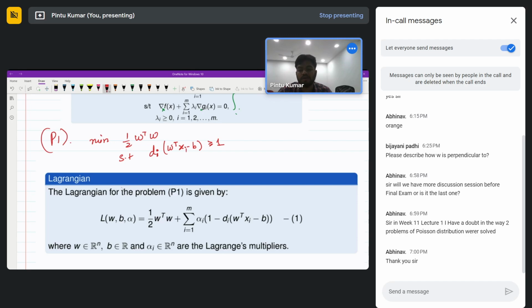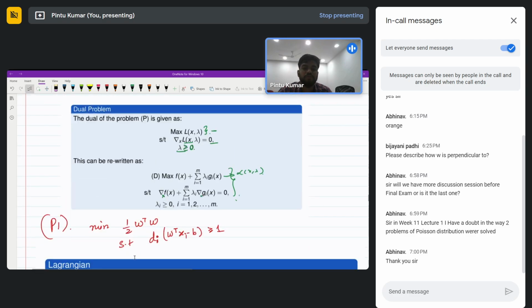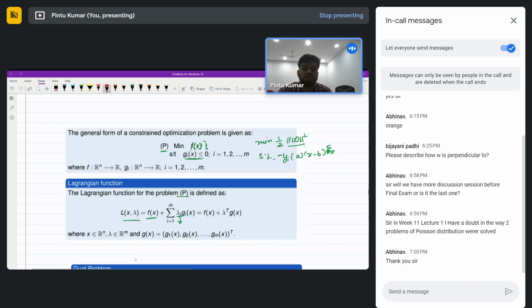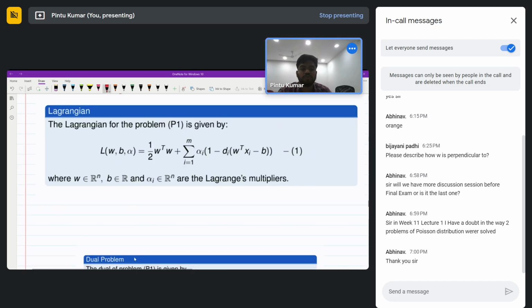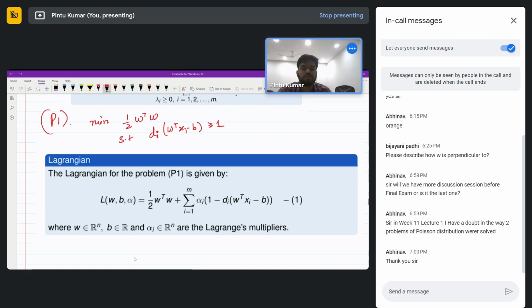So now you can convert it to the standard form, where we want this thing to be less than or equal to 0. So you take this term on this side, and we obtain 1 minus di (W transpose xi minus b) is less than or equal to 0.